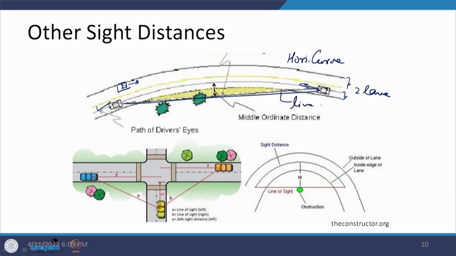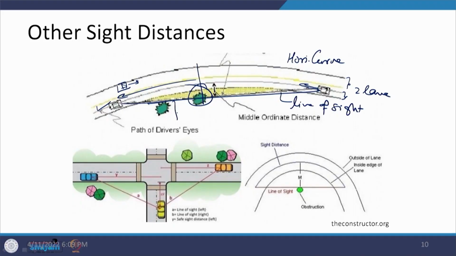If this line of sight is obstructed, then the driver of this vehicle will not be able to see what has happened ahead on this distance. Therefore, all of these obstructions should be clear of the line of sight, and we should have a clear vision in this particular area. That is what we are going to discuss.